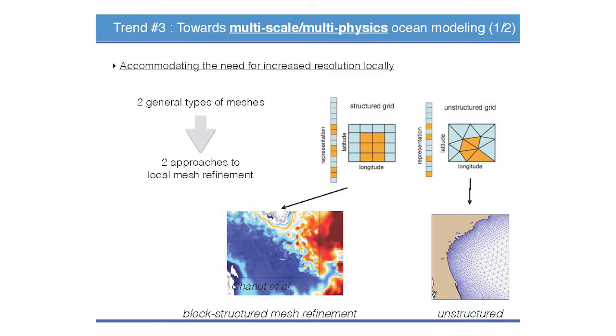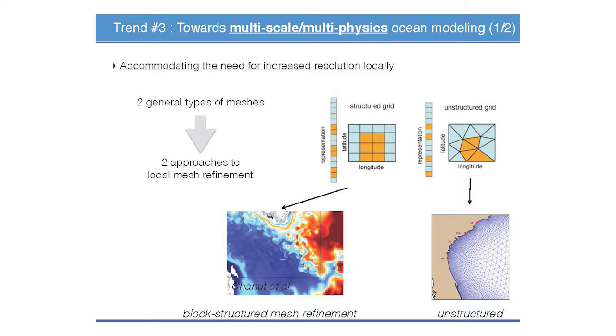Now, depending on the type of method you fall in, you would have different approaches to your local mesh refinement strategy. If you're within the frame of unstructured grids, you would simply define your grid. You don't care about the structure of it. You just put points where you need them, and you can have an increased resolution, say here as an example, along the coast of the US, because that's where you know that small things are happening.